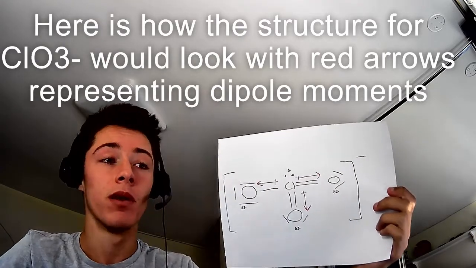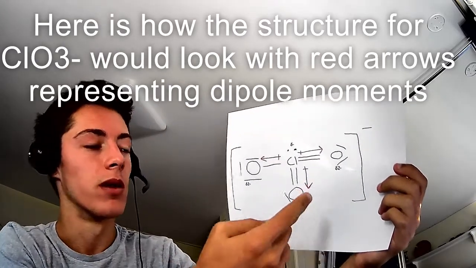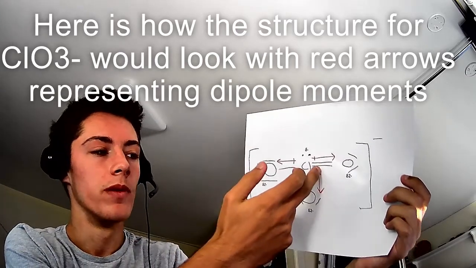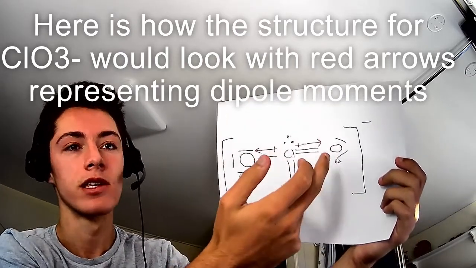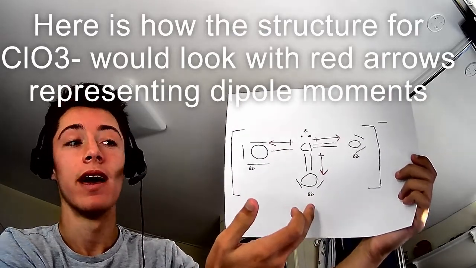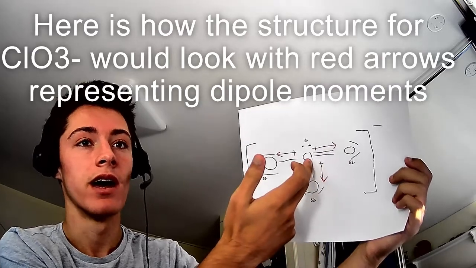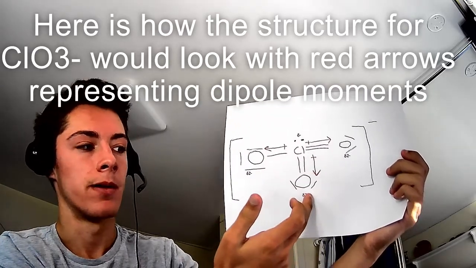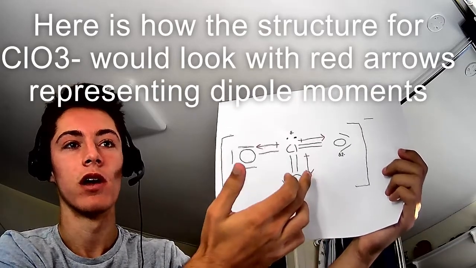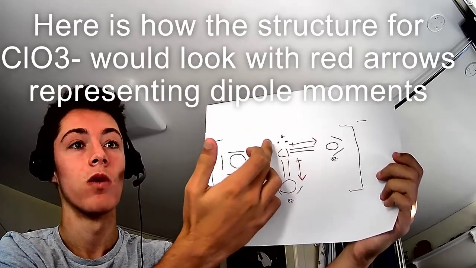For the polarity of these bonds, the dipole moment would be pointing towards the oxygens, and this is because the oxygens would be more negative in charge than the Cl.